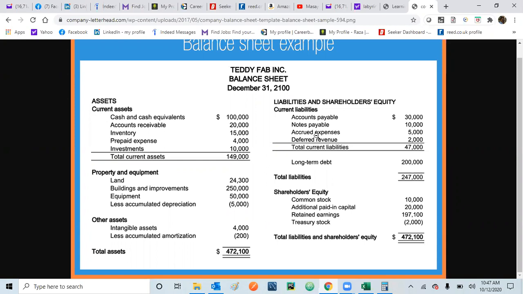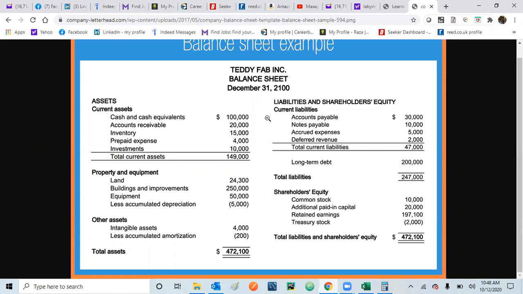So you have to pay before the end of this year, before the end of this month. You have to pay this money to the government or to someone. So those will be part of the accrued expenses, and those will be part of the current liabilities.